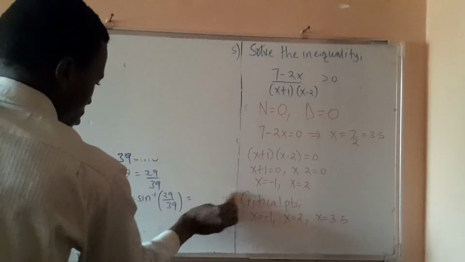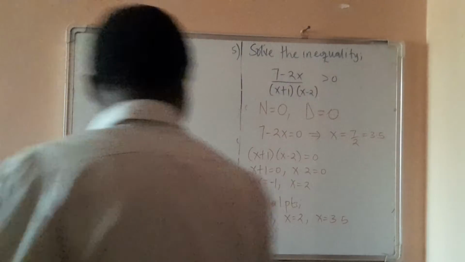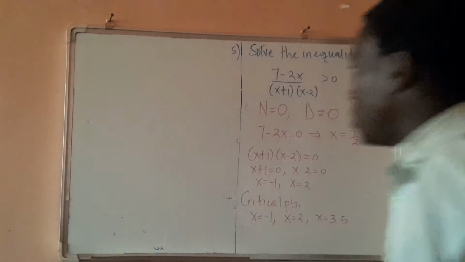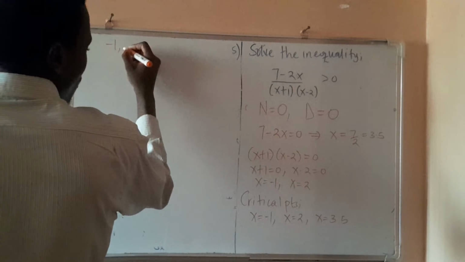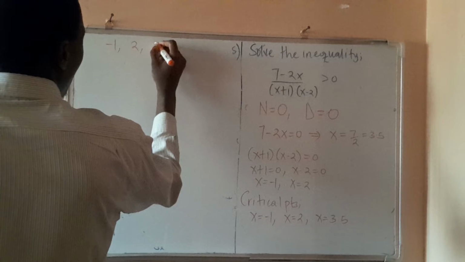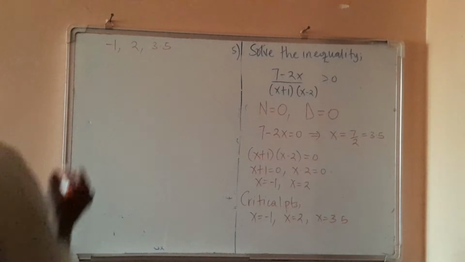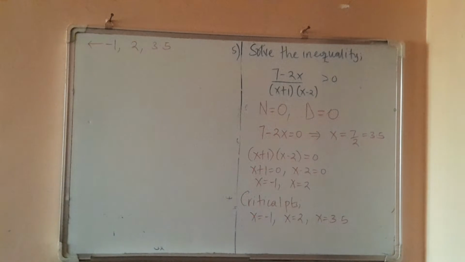So what next? When you look at these critical points, we are going to analyze the cases below. We have -1, 2, 3.5. We are going to consider what happens for values which are less than -1.